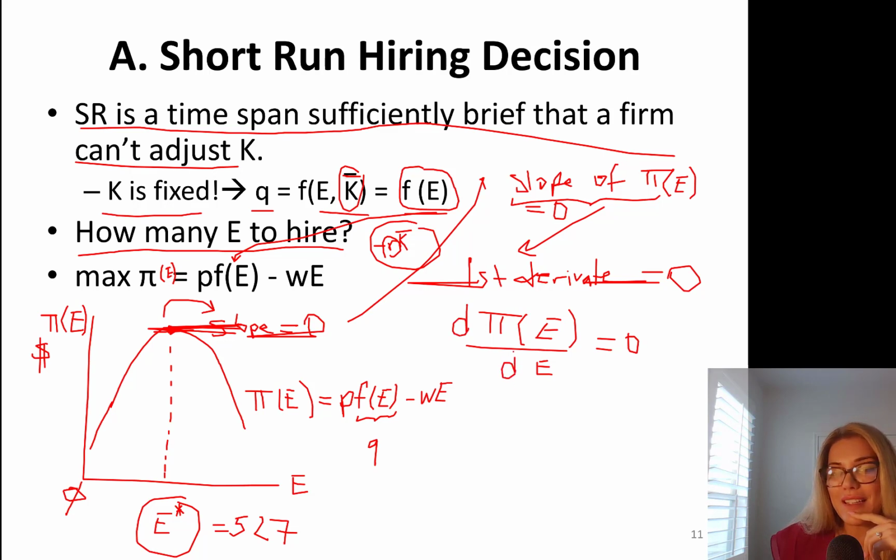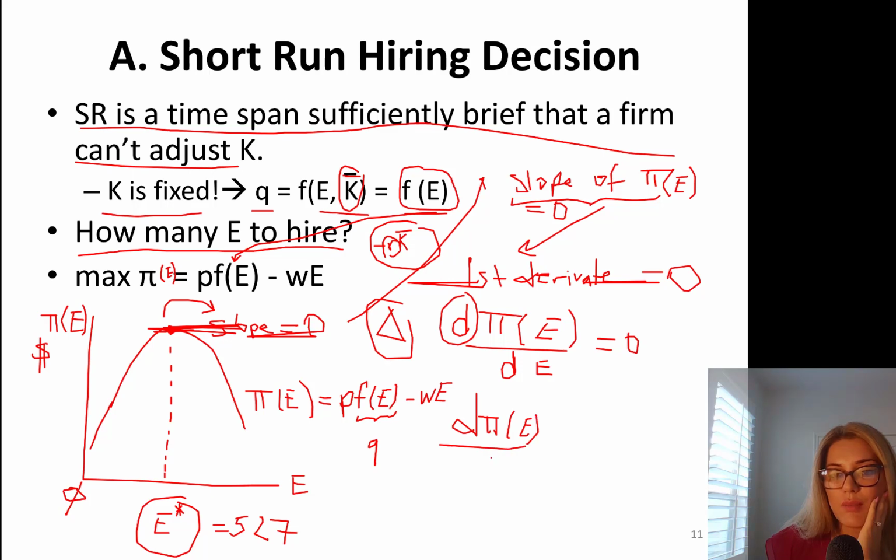This is the same thing, right? This is also for change, but the other is a discrete change, one more unit, one more unit. This is a more infinitesimal change, like epsilon, small change, same idea, okay? So let's take the derivative of pi with respect to E. So the change in pi, the profit function, which is a function of employment, with respect to employment.